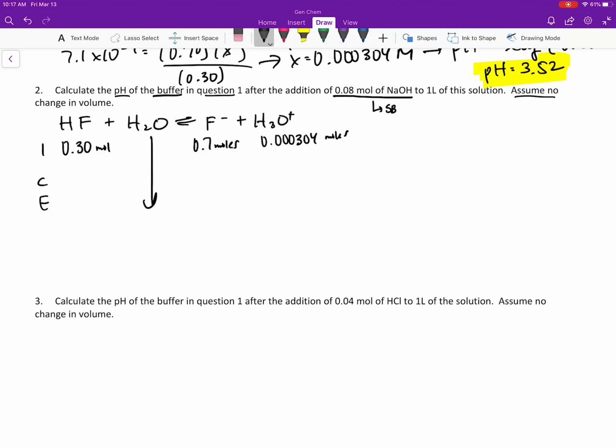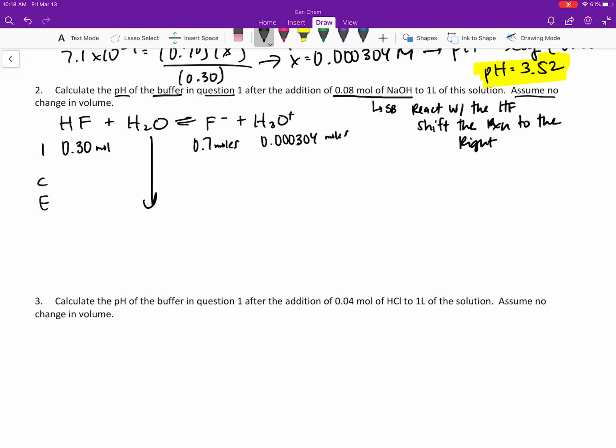The first thing we have to do is determine what the base will do in this problem. When we add a base, it's going to react with the HF, which will shift the reaction to the right.